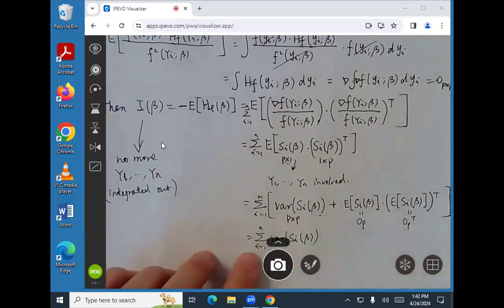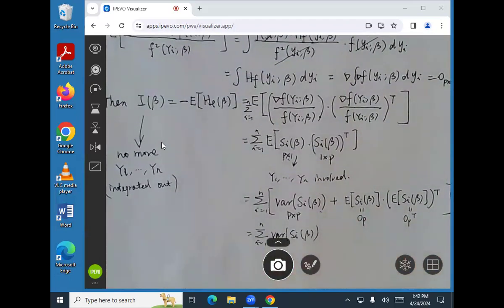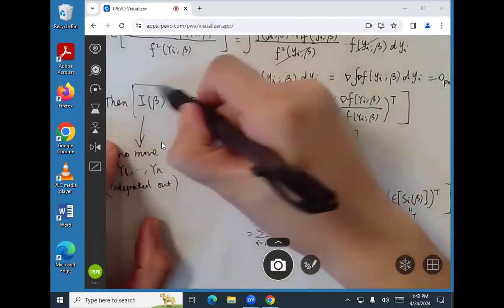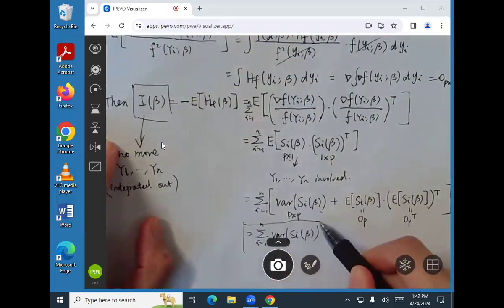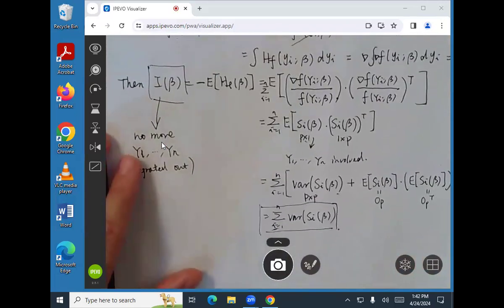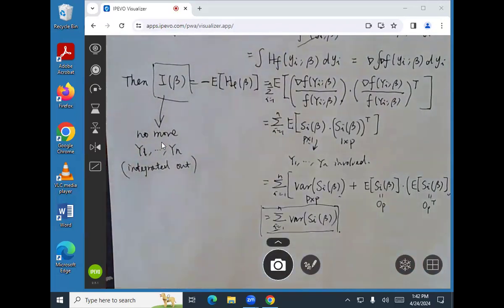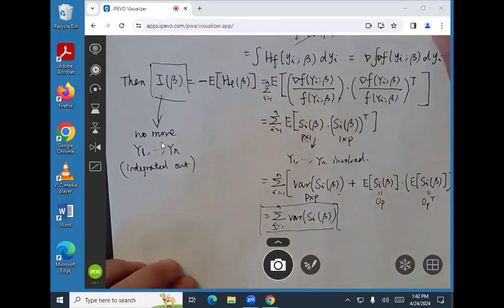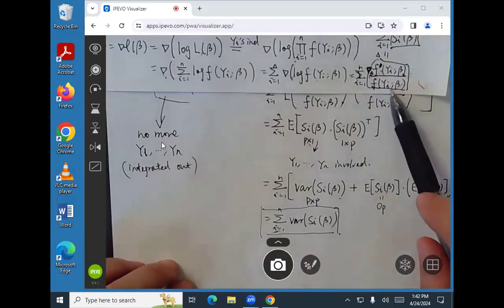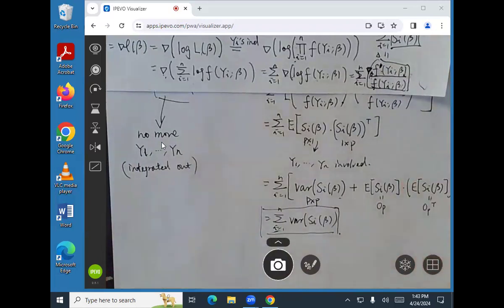That's it. That's the Fisher information. So the key thing is this: as long as we can compute Si(beta), we can then get the Fisher information. And just as a recall, Si(beta) takes this form. The numerator is a gradient. The denominator is a scalar.